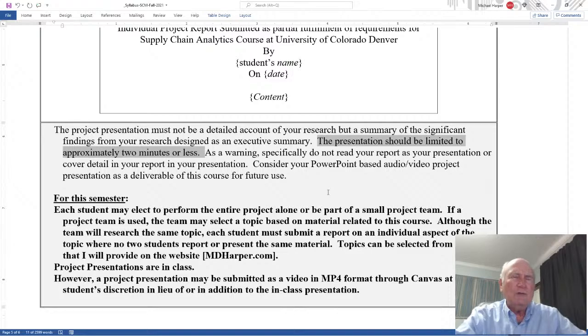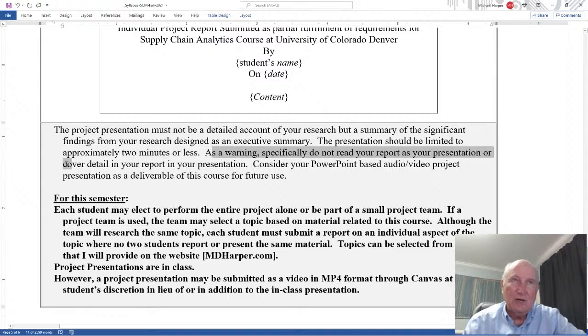So tell me, what's the report on? It's on this, this, and this. That's your presentation. As a warning, do not read your report as your presentation or cover the detail of your report in your presentation. Consider your PowerPoint-based audio-video project presentation as a deliverable of this course for future use.